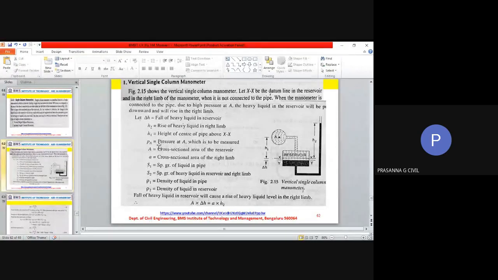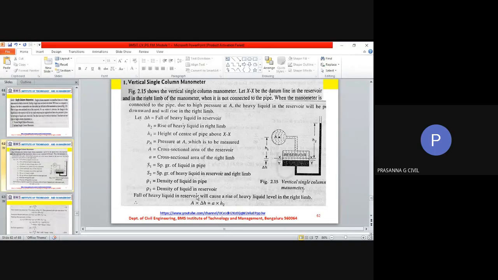Let S1 be the specific gravity of this fluid, S2 the specific gravity of the heavy fluid, Rho 1 the density of this fluid, and Rho 2 the density of the heavy fluid.